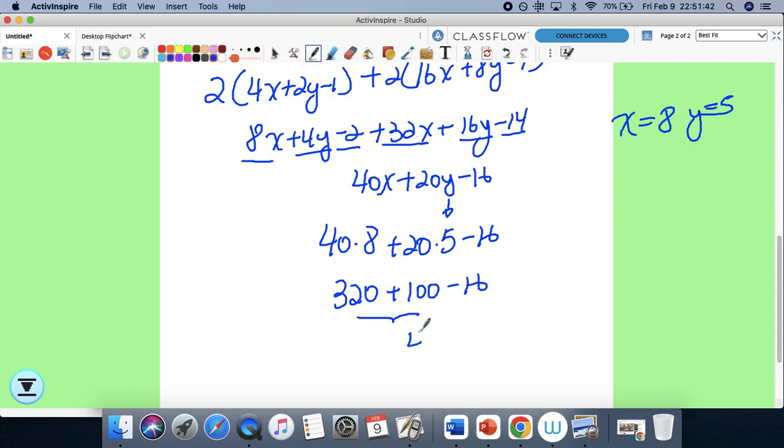These two give me 420, minus 16, and my final answer. So the perimeter of that rectangle is 404 units. Okay. That's it.